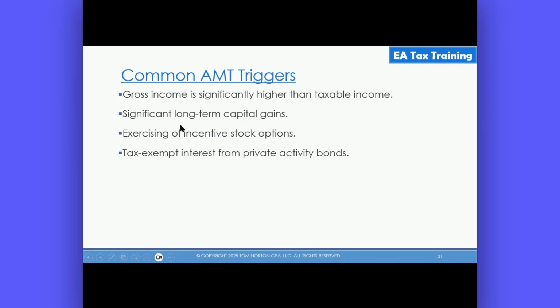If they've got significant long-term capital gains, they may have an AMT issue. If they were exercising incentive stock options for the year, we want to look at whether or not they may owe AMT. And if they've got tax-exempt interest from these private activity bonds, then they may owe the AMT.